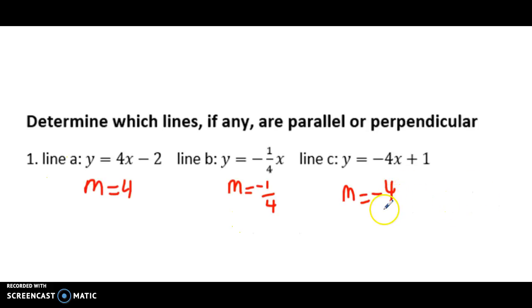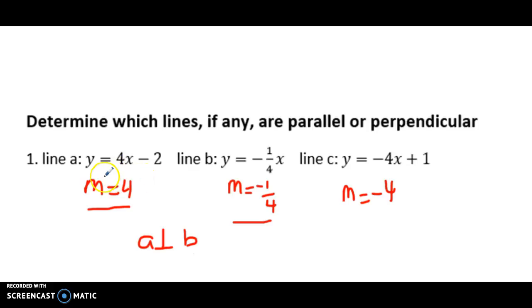We're not going to have any lines that are parallel to each other, so maybe we should start looking for negative reciprocals. If you saw the negative 1/4 and negative 4 and got excited about that being a negative reciprocal, careful, because those are just reciprocals of one another. The negative reciprocals actually come here and here, so we can say that line A is going to be running perpendicular to line B somewhere on the graph.